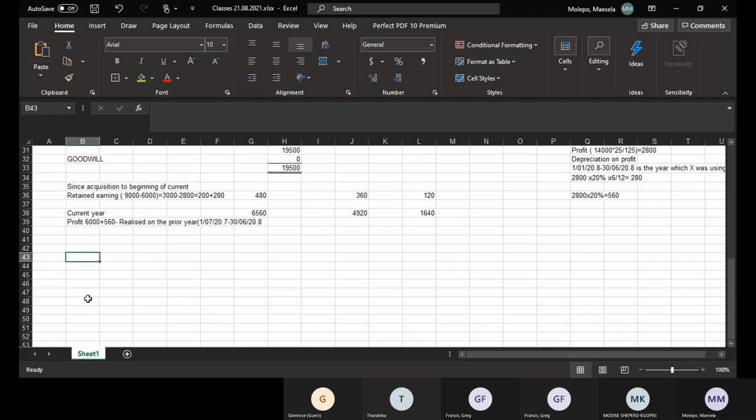So, exercise 1, or I can say question 1, question 1, page 149. Then we're going to first draft our analysis of shareholders.